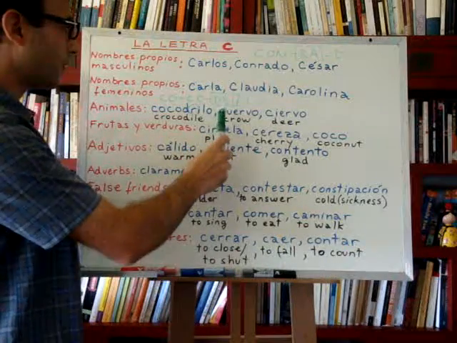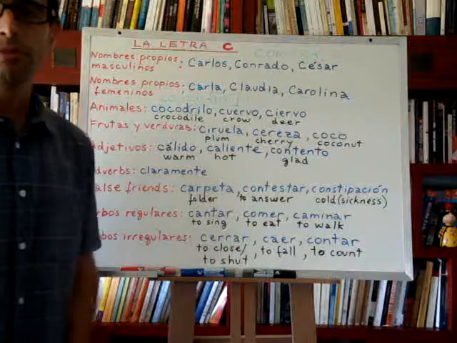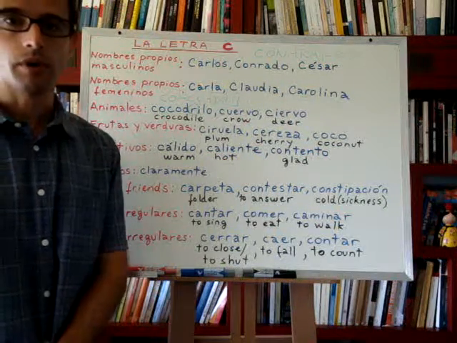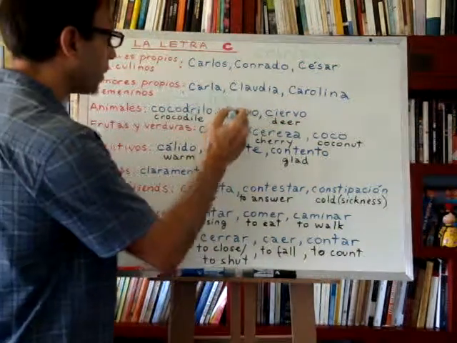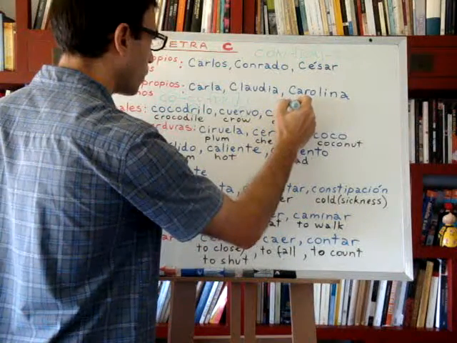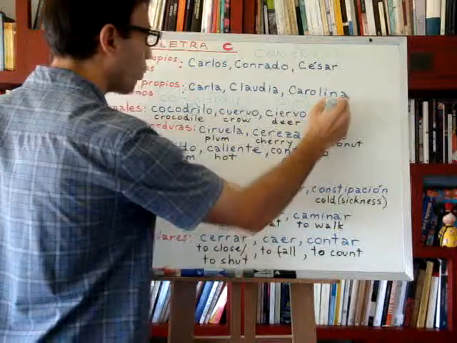Same thing with this word, cuervo. Cuervo means crow, okay? The bird, the black bird, the crow. Cuervo, cuervo. Also, this R is a smooth R. Let's divide this in syllables.